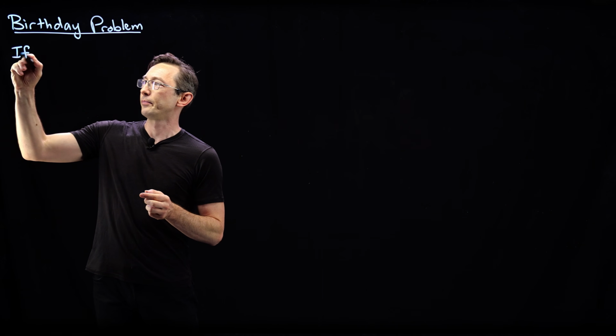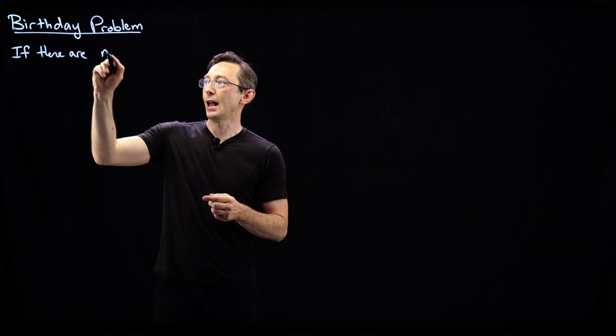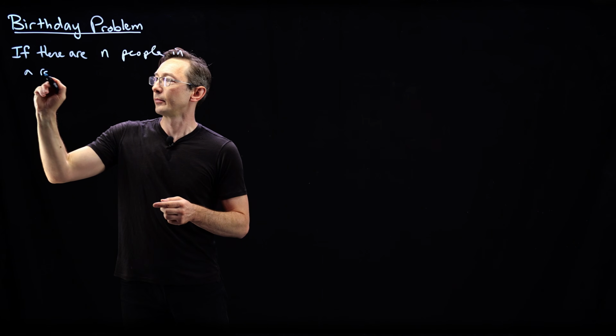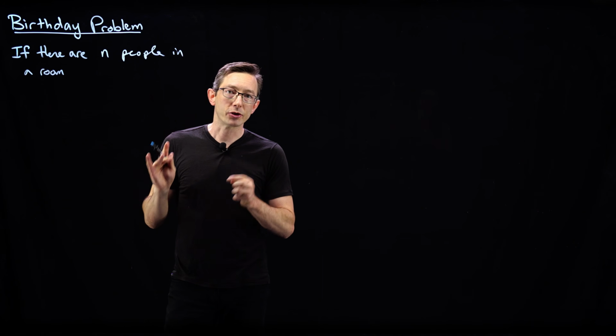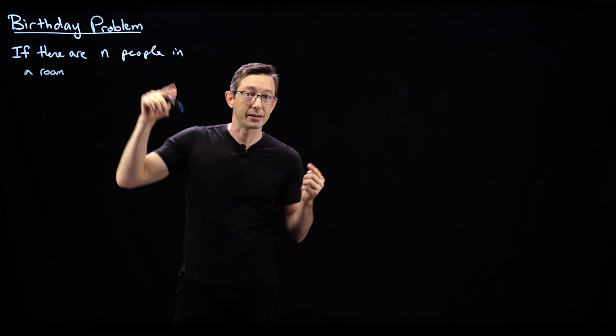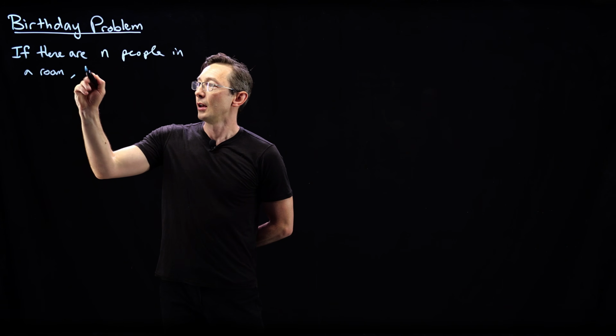If there are n people in a room, how large does n have to be before there is at least a 50% chance that two people share a birthday? There are n people in a room.